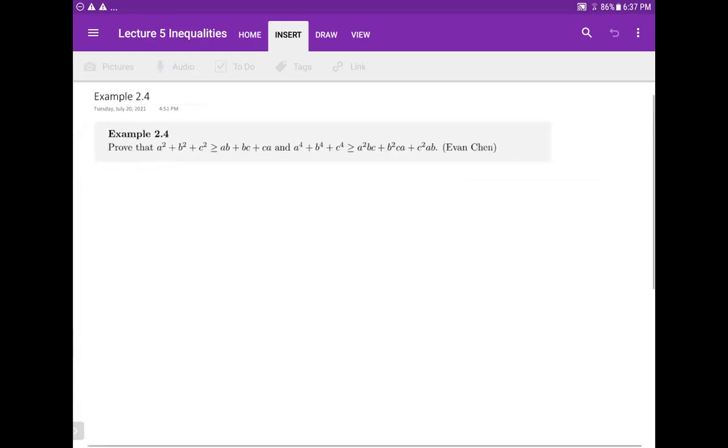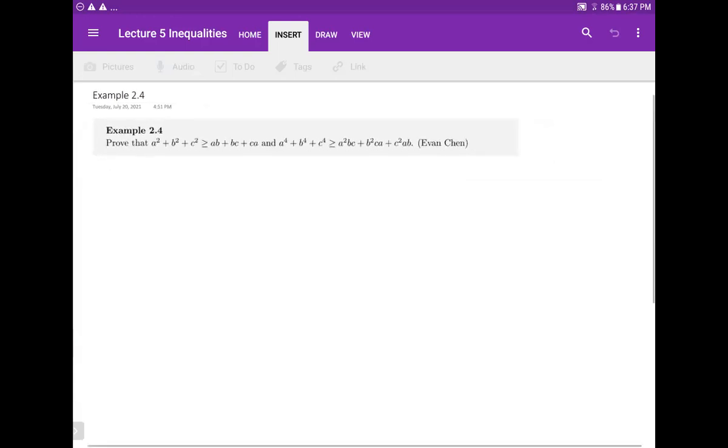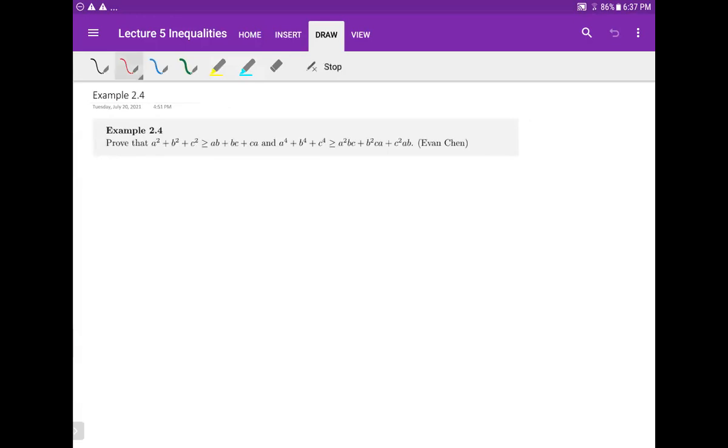All right, so let's do the first part. We'll do the other part on the other side. First, let's prove that a squared plus b squared plus c squared is greater than or equal to ab plus bc plus ca. Let's do AMGM. And you might ask, how do we do AMGM? Because if we take the arithmetic mean of the left side here, we do not get the right side.